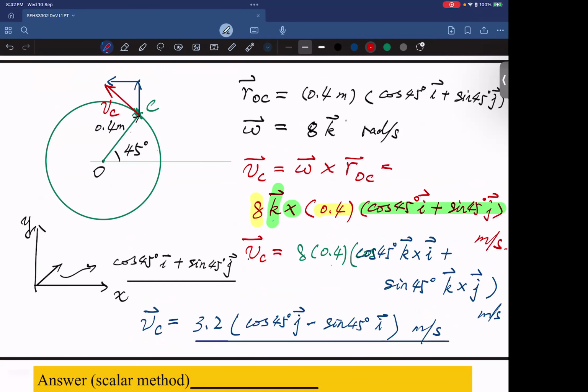It's not from the pre-analysis, but from the final result, from this direction, right? So from this vector we can interpret the direction of C's velocity. So that is the vector method.